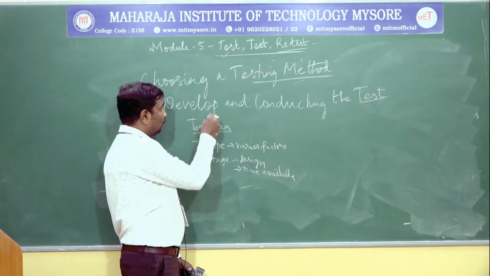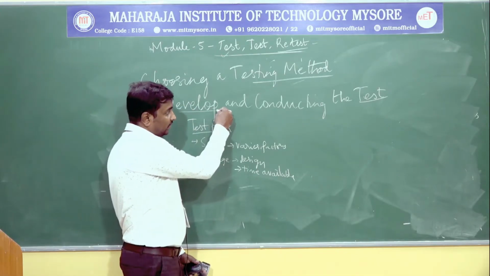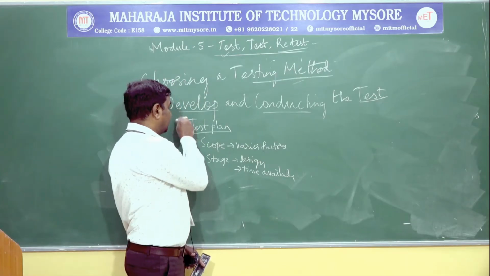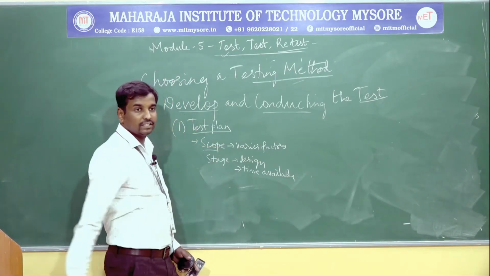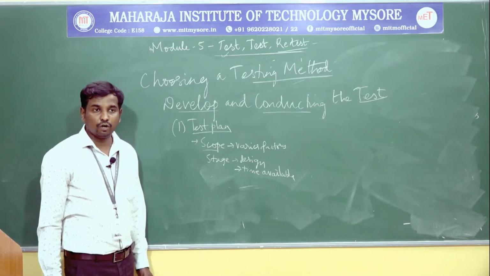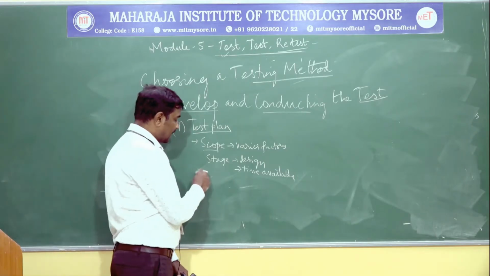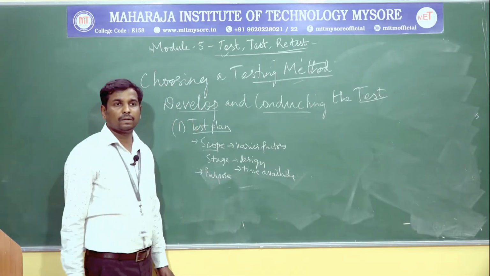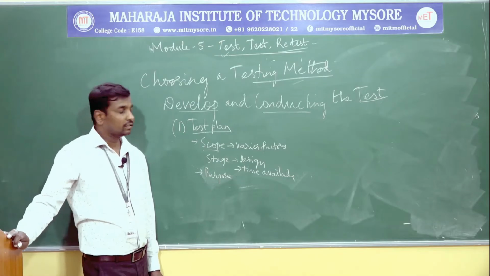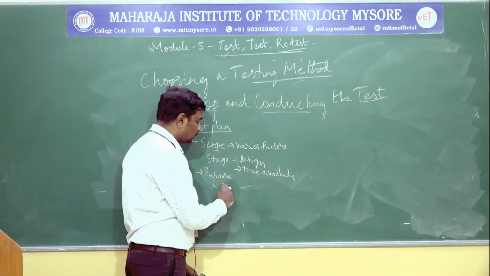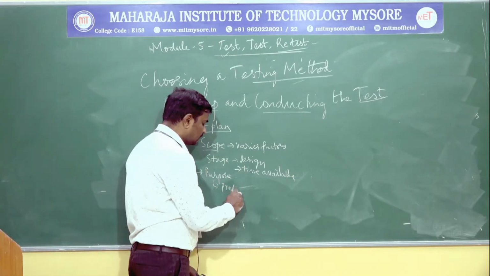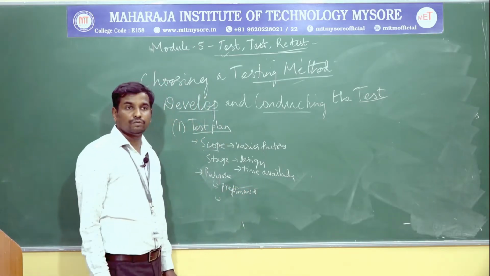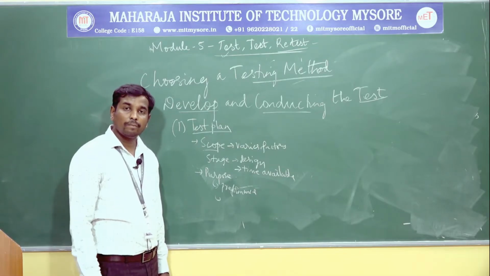So while he is developing a product, he needs to conduct some operations, something like testing plans. These testing plans will be done with respect to the scope of the test, as well as with respect to the purpose of the task. Purpose of the task in the sense of the performance goals, the performance of the users with respect to the goals, and also with respect to the accomplishments.